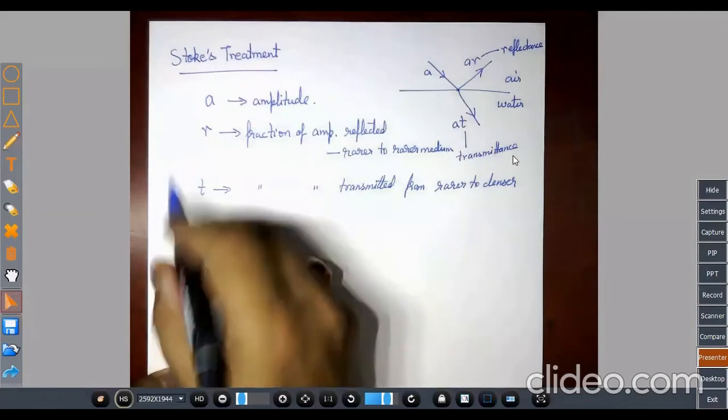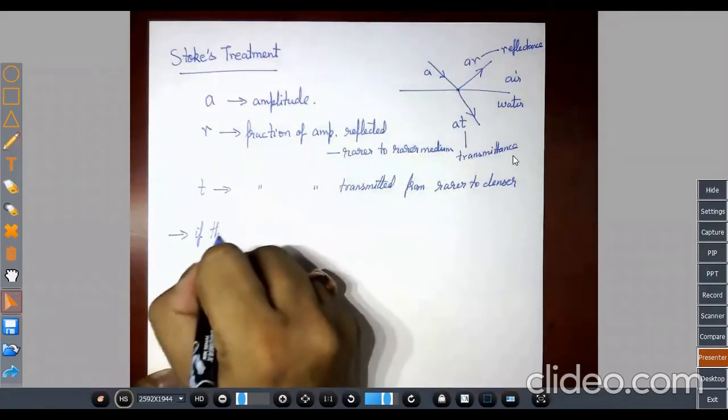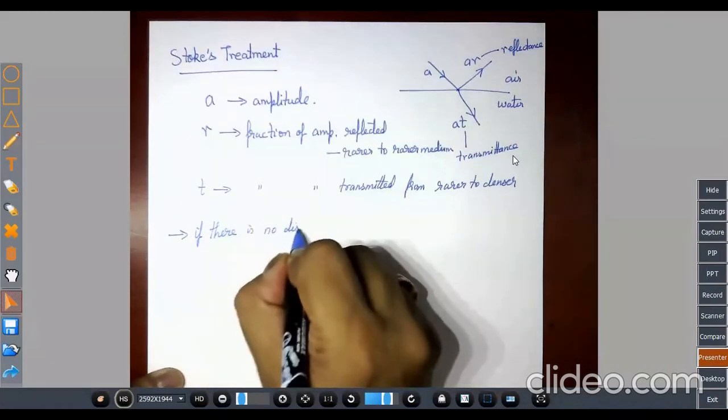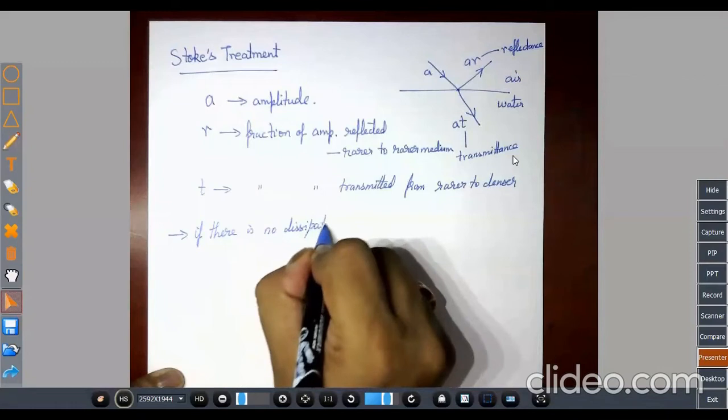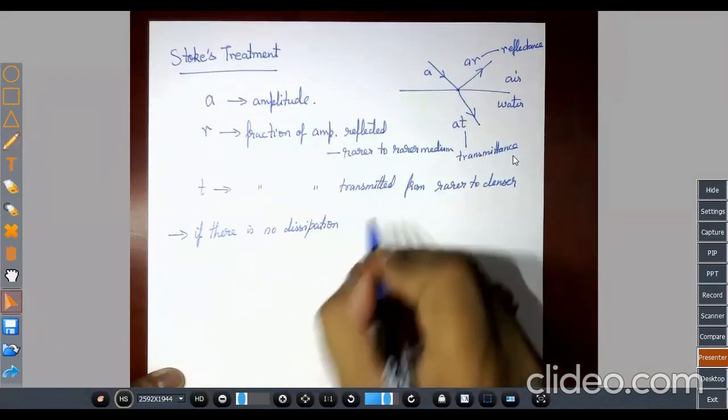Now what Stokes said, that if there is no dissipation, dissipation means that the energy is lost.